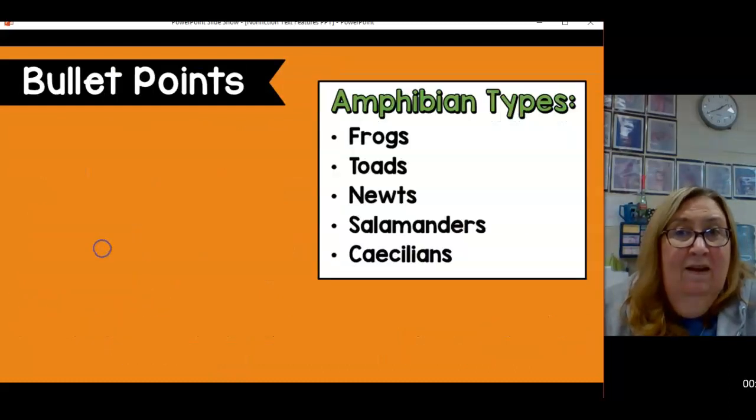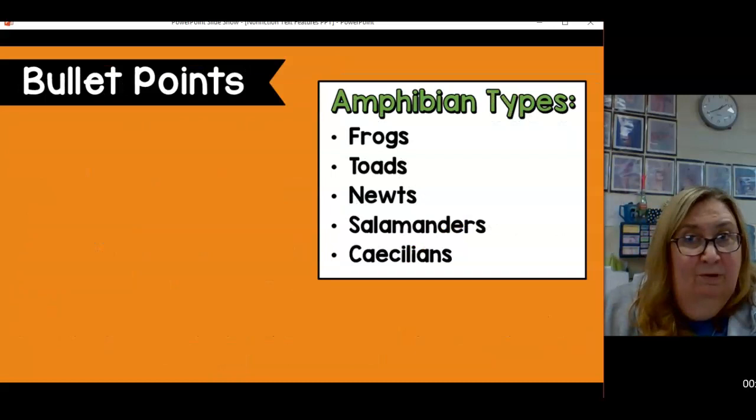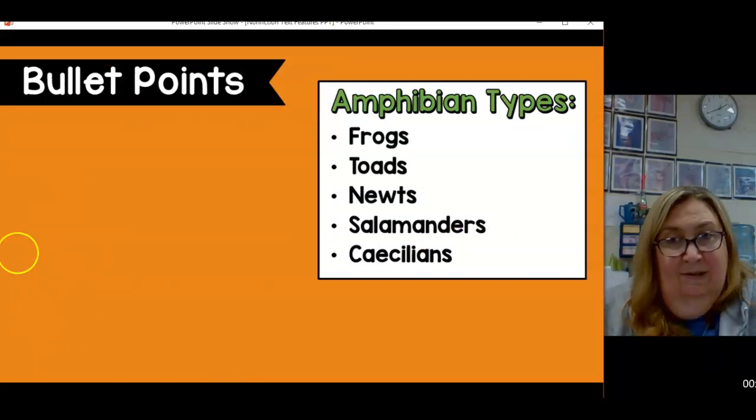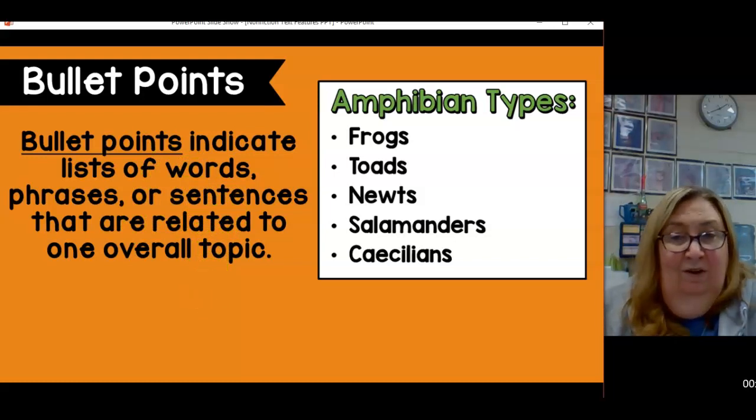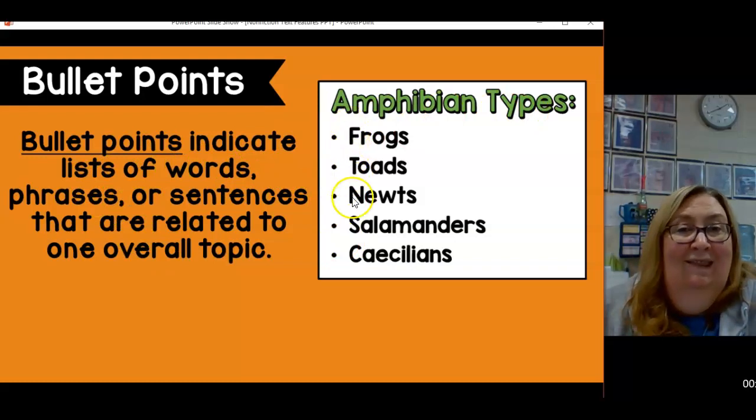Okay. Our next words are in bullet points. We're going to be using bullet points a lot over the next few weeks. Bullet points also indicate lists of words, phrases, or sentences that are related to an overall topic. Bullet points often indicate just a list. Notice it doesn't have to be complete sentences.